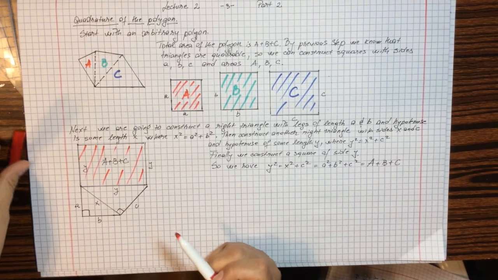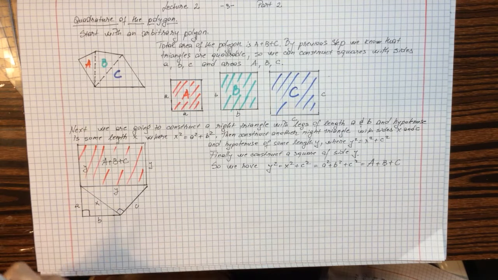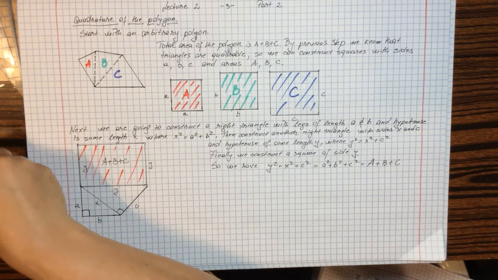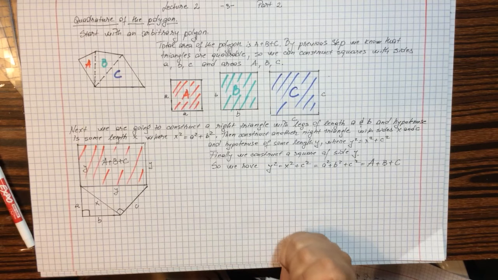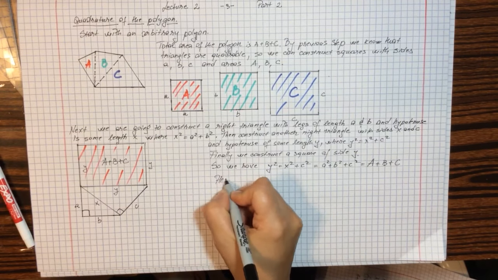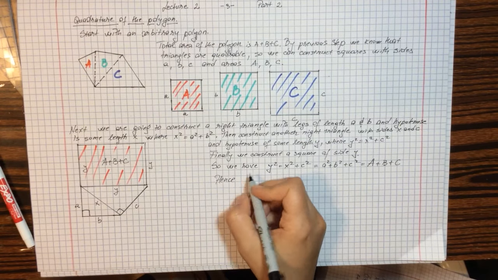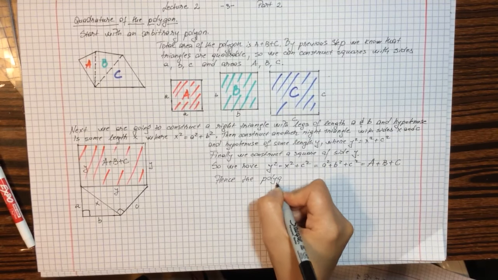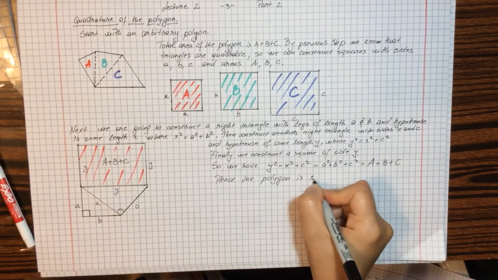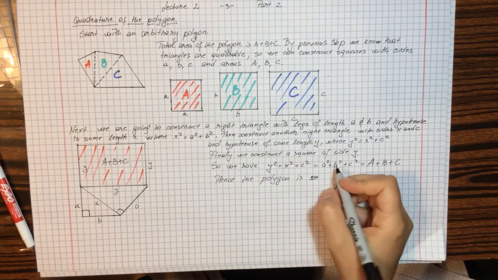So given any arbitrary polygon, it is possible to construct a square with the same area. Therefore the polygon is squarable. Hence the polygon is squarable or quadrable.